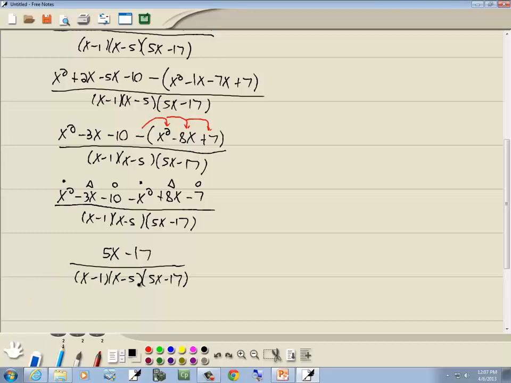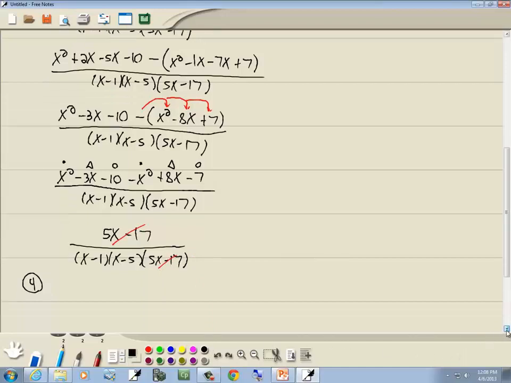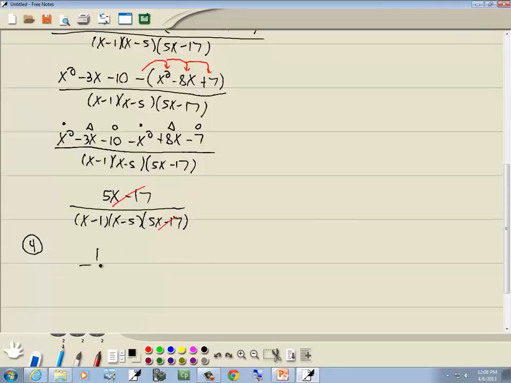Well, these are already factored as much as we can. So our last step, cancel if possible. See how we have a 5x minus 17 here, 5x minus 17 here? Those are going to cancel. So we have 1 over x minus 1 times x minus 5. And that's our answer.